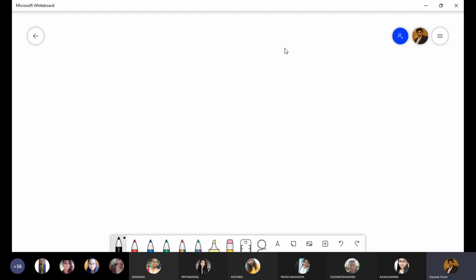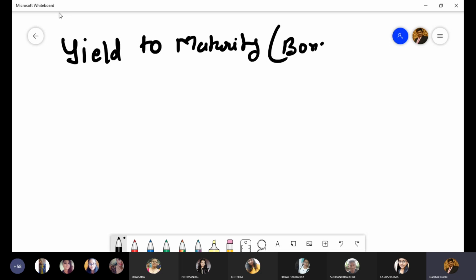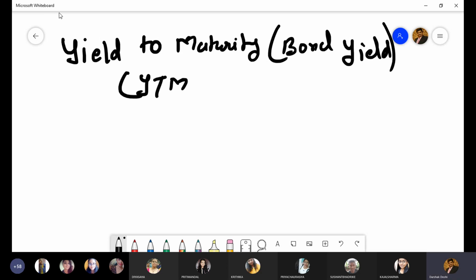Okay, so we are starting with yield to maturity. It is also known as bond yield, short form YTM.